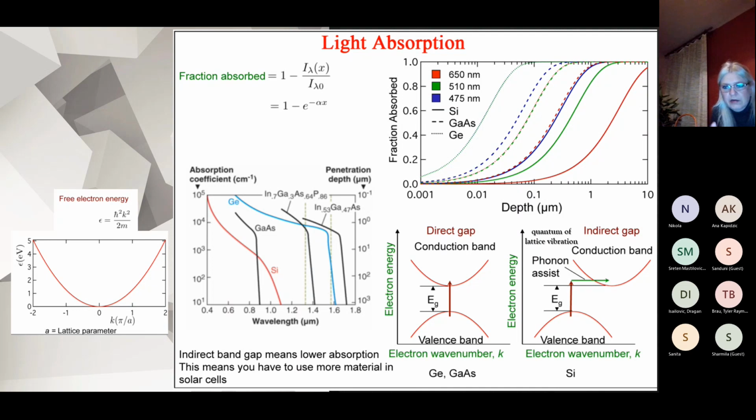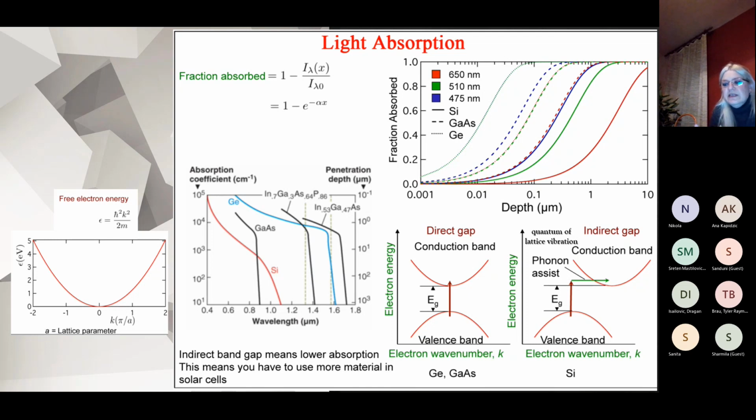But let me now return to the case of silicon. Crystalline silicon has an indirect gap, and an indirect gap basically means lower absorption. What does that mean for the application of crystalline silicon in a solar cell?